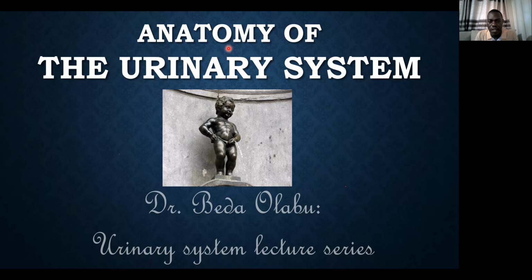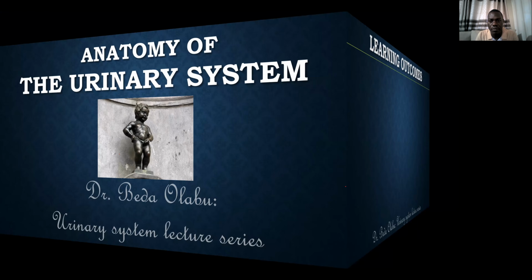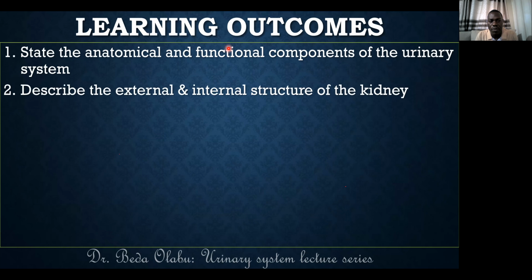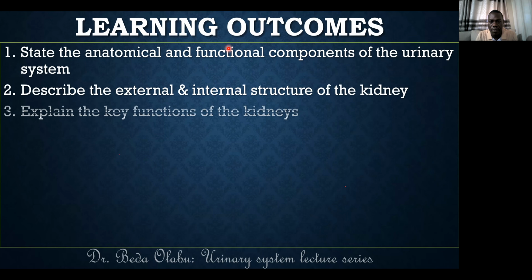But just to highlight what we did yesterday, we looked at the anatomical and functional components of the urinary system. We also described the external and internal structure of the kidney. We explained the key functions of the kidney.